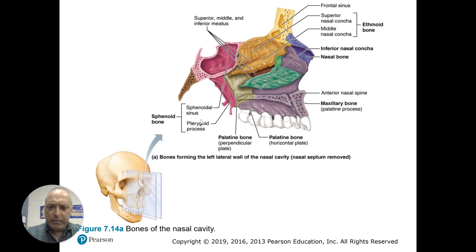The sphenoid bone makes up this pterygoid process. It comes down, articulates with the palatine bone. Now the frontal sinus articulates with the ethmoid bone and the nasal bone.